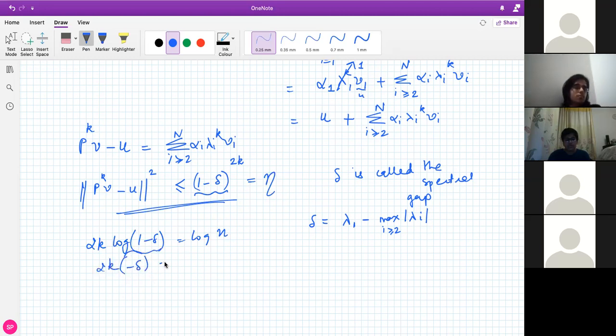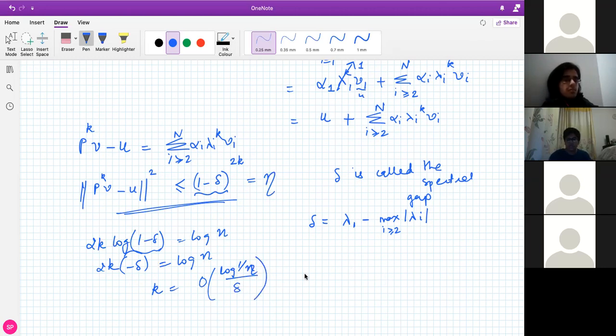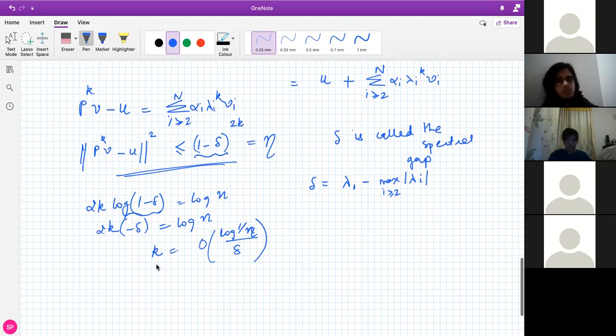So you have k as order log of 1 by eta over delta. So by choosing a particular eta, you can always see how many times you have to do this walk so that it converges to the uniform distribution, okay?